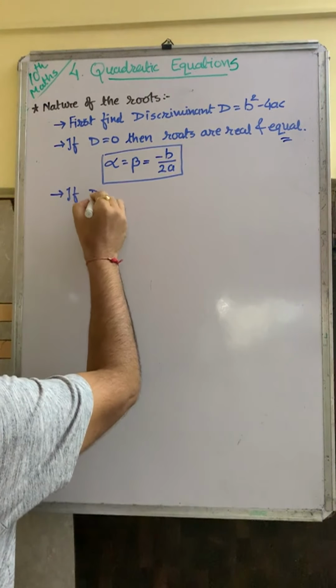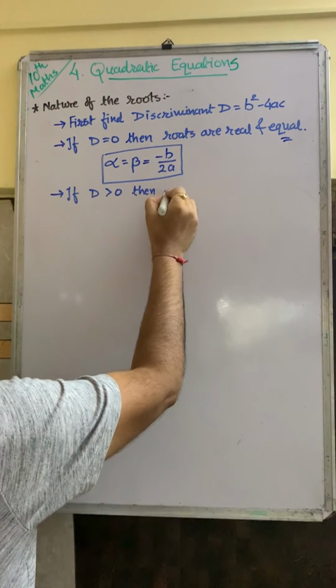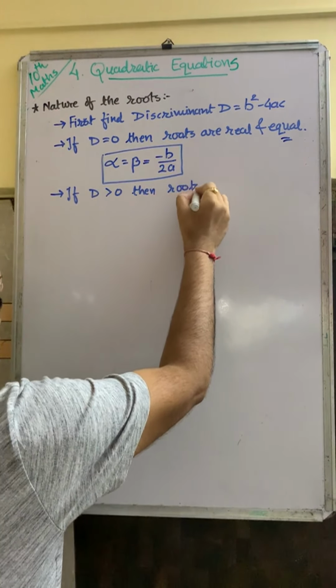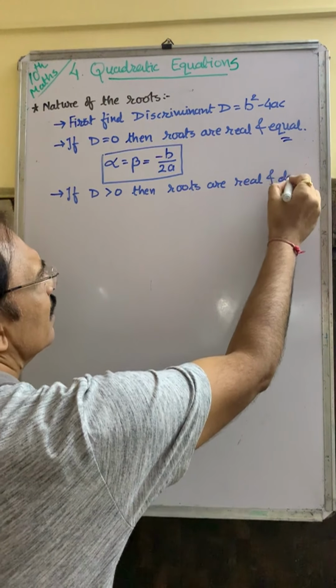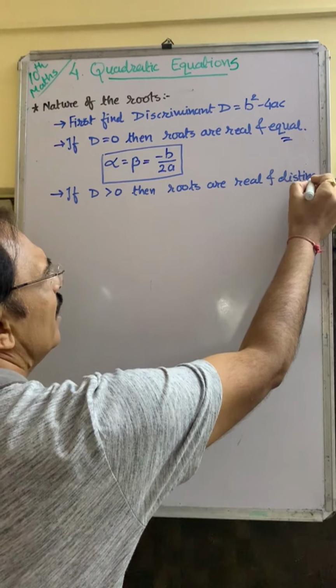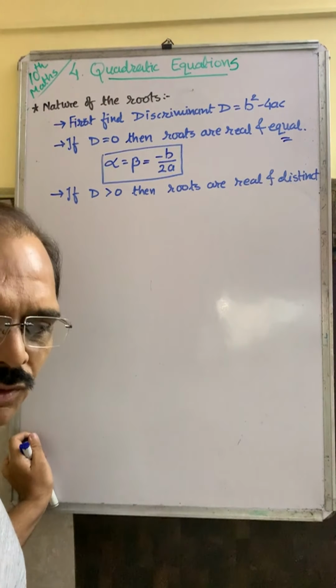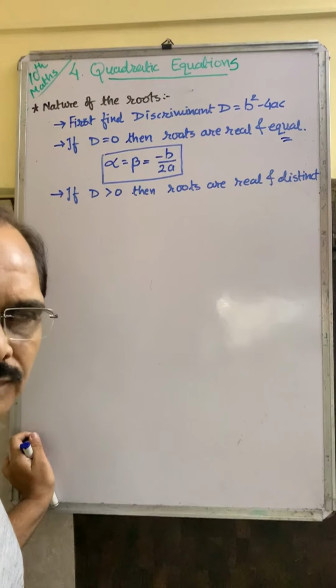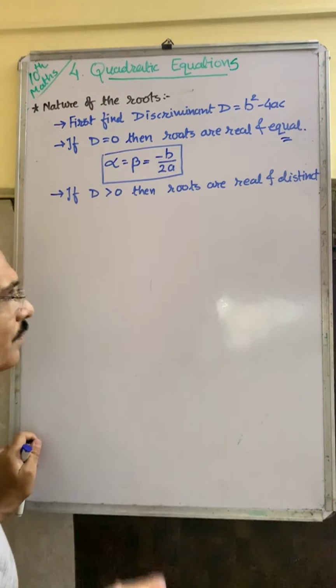If D is greater than 0, then roots are real and distinct. Distinct means different. Alpha and beta are different. You must find alpha and beta. Okay? If D is greater than 0, means positive.